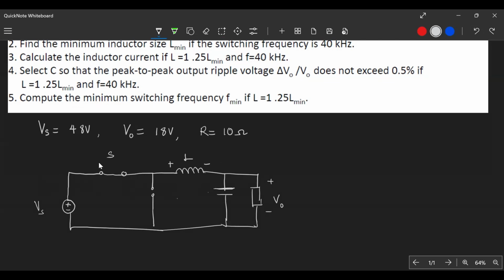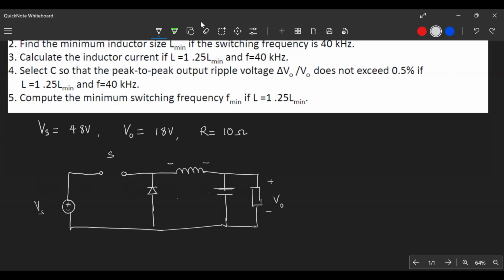When the switch is open, let me bring back the diode. The picture of the diode is going to look like this. I've opened the switch, so according to the properties of an inductor, it's going to reverse the polarities, according to Lenz's law.